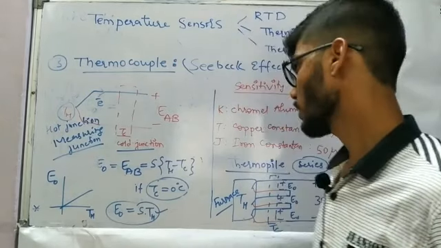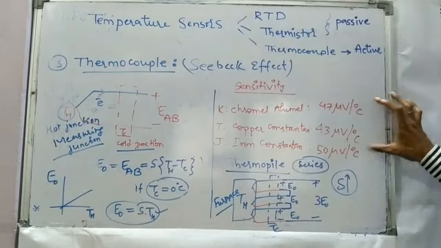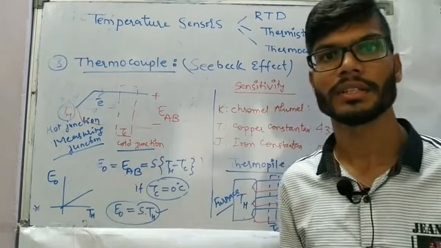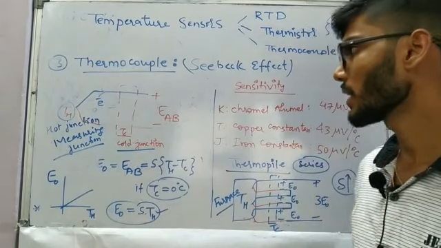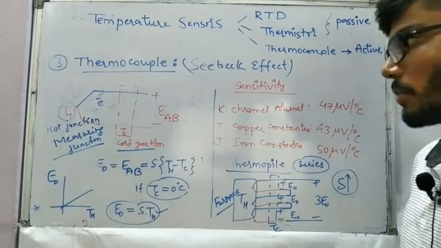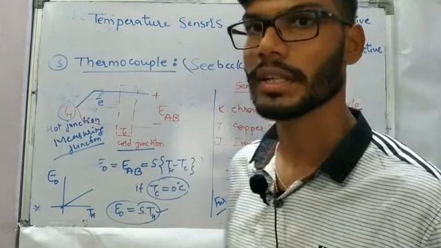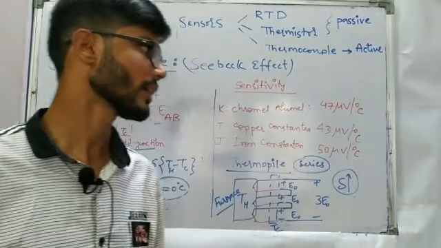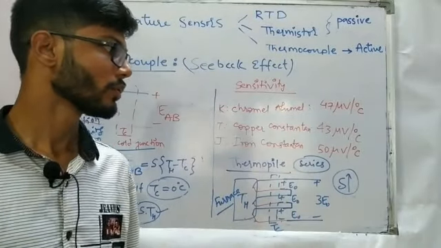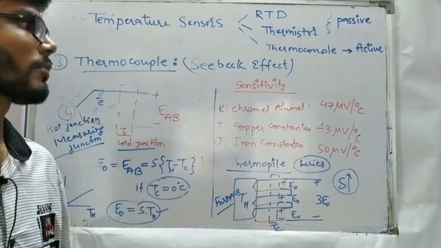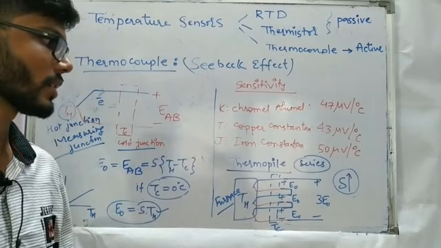Or, the output in microvolts can be amplified with proper signal conditioning so that we can make use of it in the proper fashion. So either we can make use of a thermopile, or we can make use of an electric circuit so that we can get the amplified output.